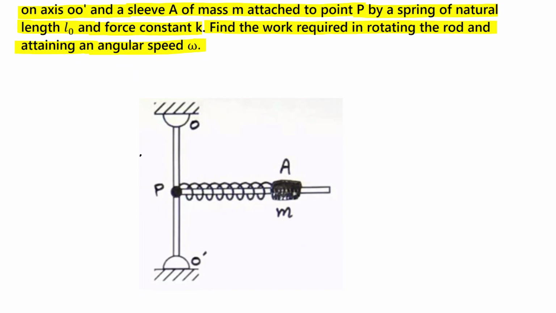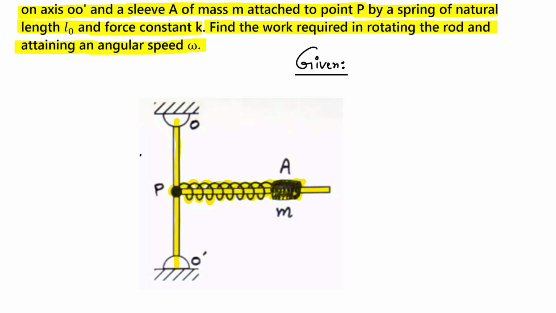So what are the things that are given here? If you see this picture, you have one rod, and on this rod there is another rod attached. From this point there is a spring attached to this rod, and one end of the spring has a mass M. This is basically a sleeve, and it can freely move in this direction or in this direction.